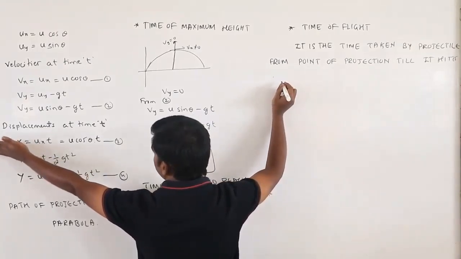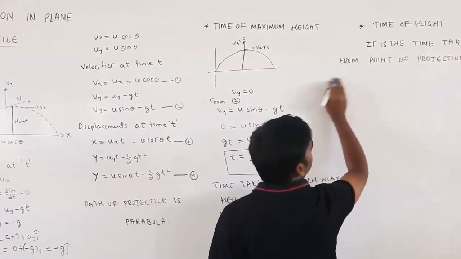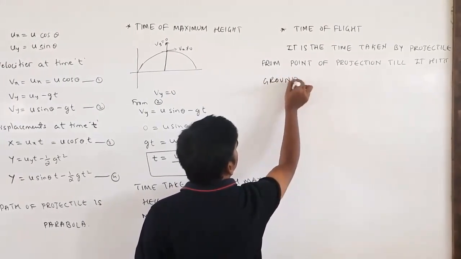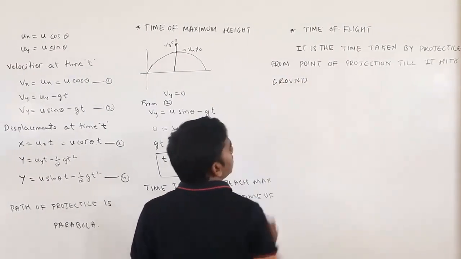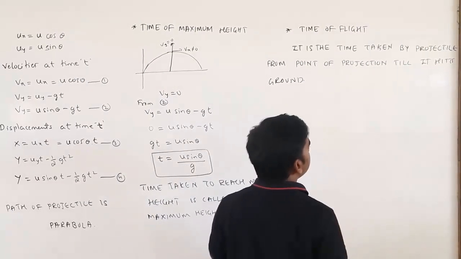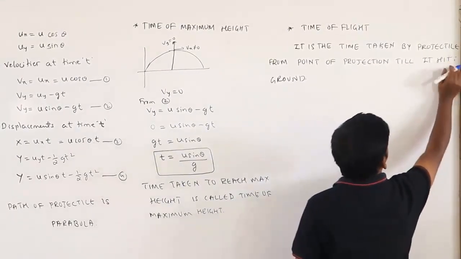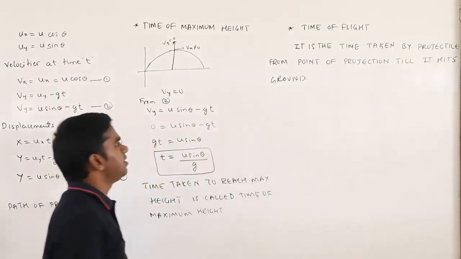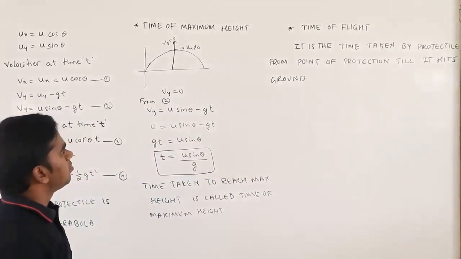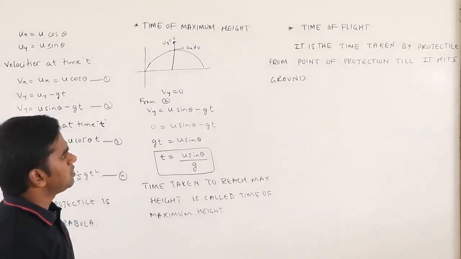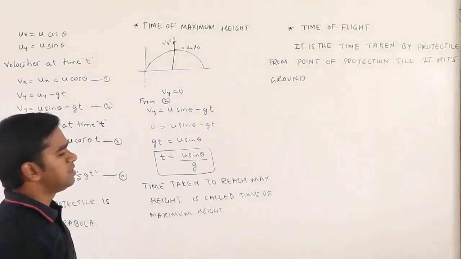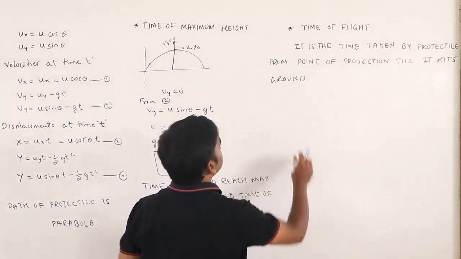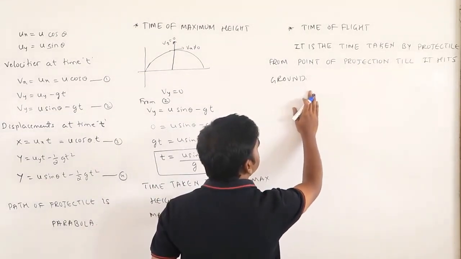You can say this is the definition of time of flight. It is the time taken by the projectile from the point of projection till it hits the ground. So this is what we can call time of flight.